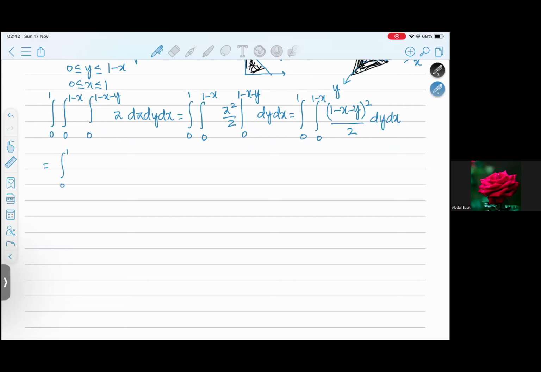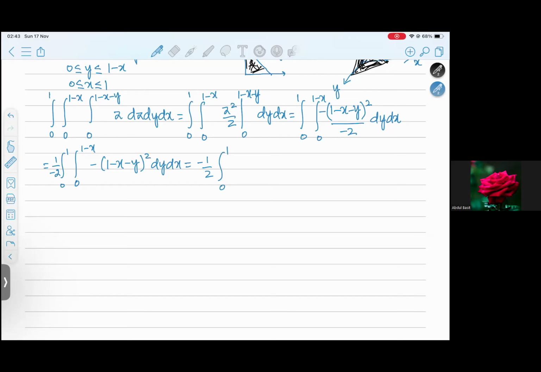So this is a function of y, and the derivative of which is -1. So I can multiply -1 with it, and divide by -2, and taking -2 outside, I get 1 over -2 times the integral from 0 to 1, from 0 to 1 minus x, of 1 minus x minus y whole square dy dx, that is -1 by 2 integral from 0 to 1.